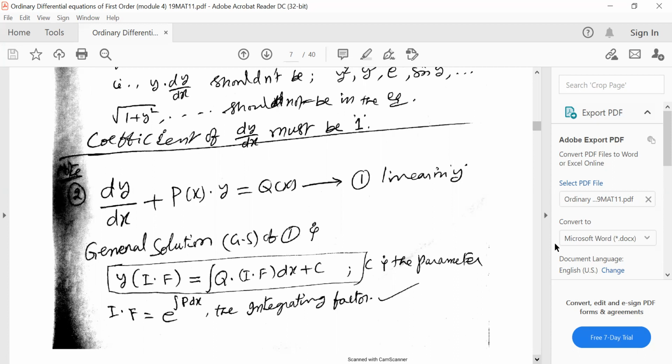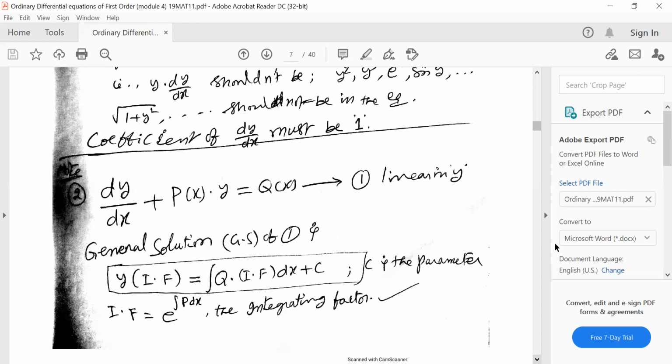So what is the solution? It is y into integrating factor equals integral of q into integrating factor, integrated with respect to x, that is dx, plus c as an integration constant. So better to memorize this. It's because all the theory, all the integration and all the procedure is done, and we are giving you directly the solution, how to write it.